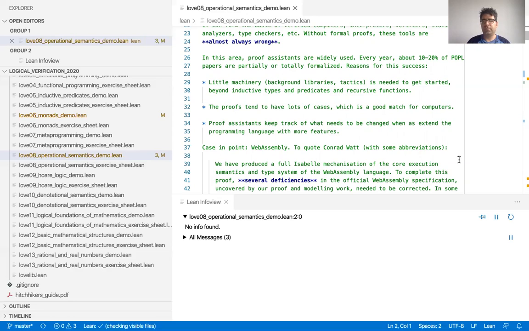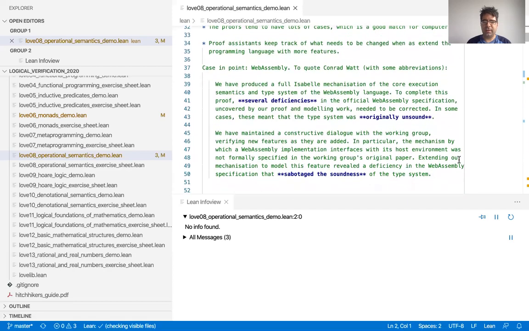So if you go to a conference like POPL, the Principles of Programming Languages, you're going to see maybe 10 to 20% of papers presented there are based on a proof assistant. And here's an example, a quote from Conrad Watt, a researcher from Cambridge, who formalized a language called WebAssembly.